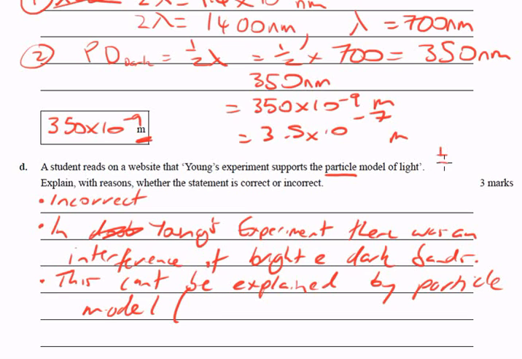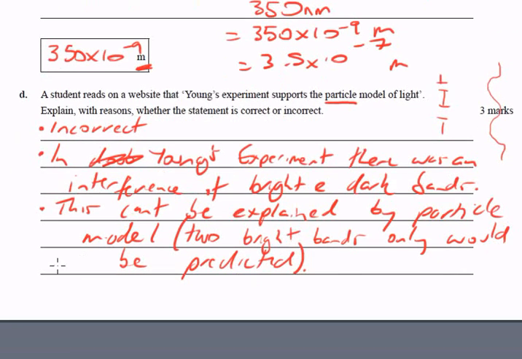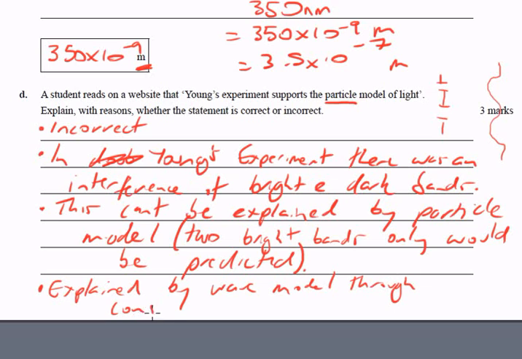If we had a particle model, they'd go through the two double slits, and you'd just get two bright bands only would be predicted. And it is explained by the wave model through constructive and destructive interference.